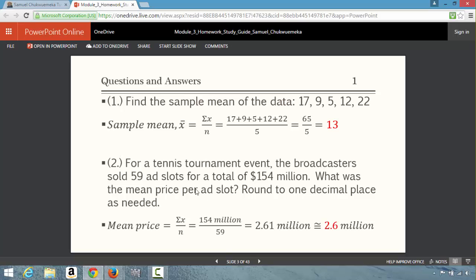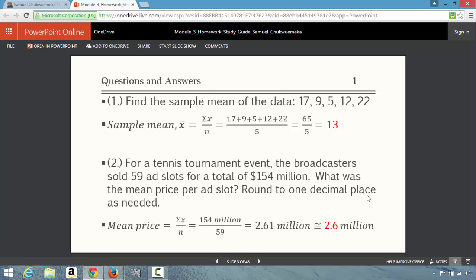Question 2. For a tennis tournament event, the broadcasters sold 59 ad slots for a total of $154 million. What was the mean price? Mean is also called average. What was the mean price per ad slot?